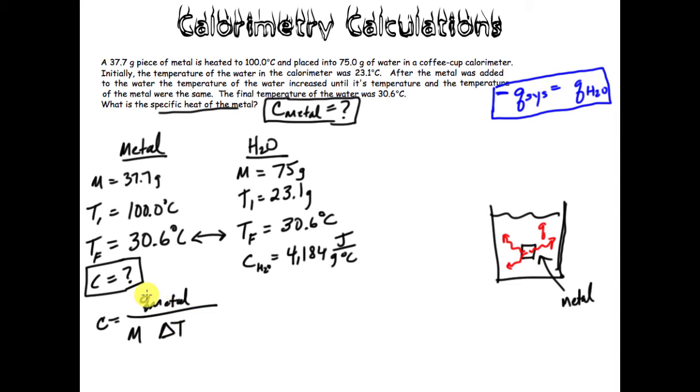Because we know these three things, we can then solve for the specific heat. Well, good, I know the mass of the metal. It's given right here. I could find the change in temperature. Remember, changes in temperature are always going to be final minus initial. So let's put it over here. Change in temperature is always your final temperature minus your initial temperature.